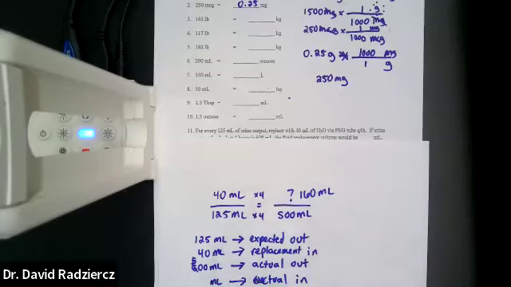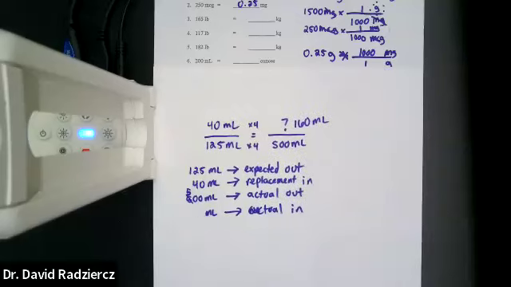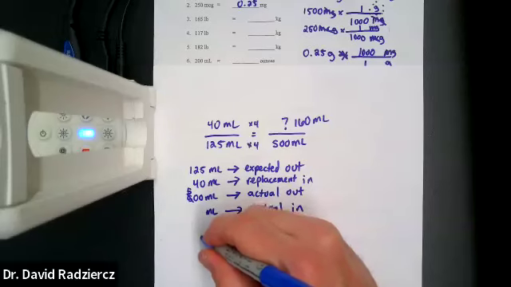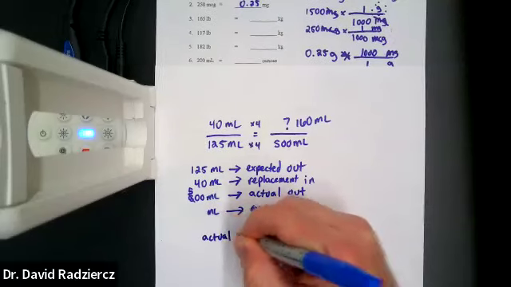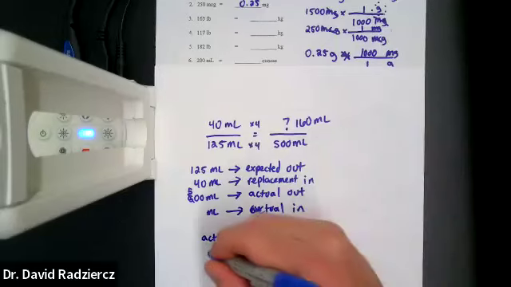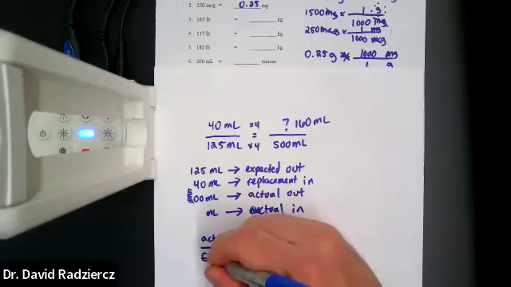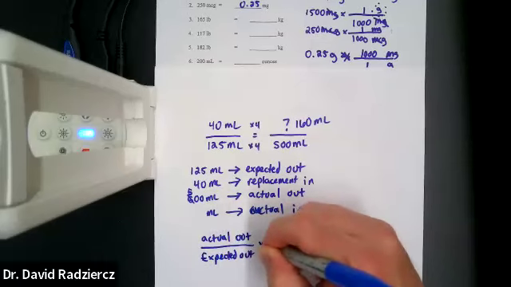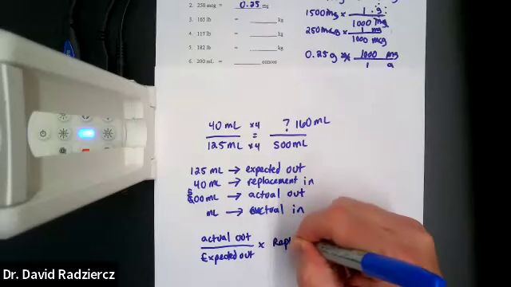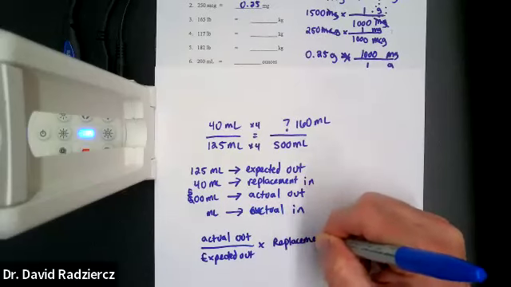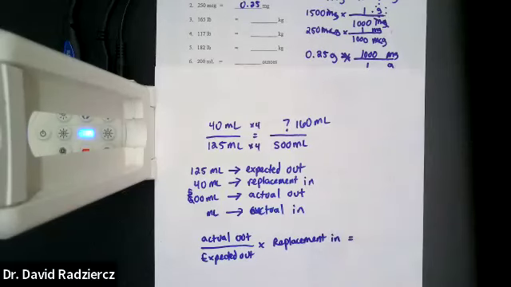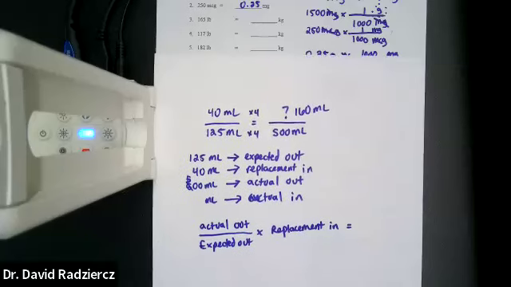Anyways, we can create a formula from this: you're going to take whatever the actual output is, put that over the expected output, and then multiply by the replacement. When you do that, you'll get to the same answer.